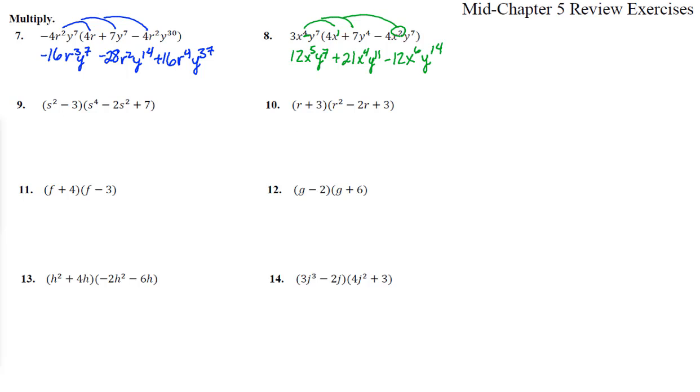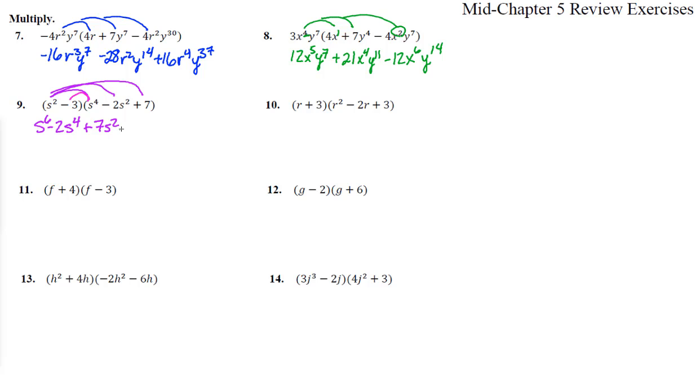Good. Number 9. Now we're going to super distribute. We'll take the s squared, go there, it's s to the 6th, and then we'll do minus 2s to the 4th, and then all the way there, and it is plus 7s squared. Let's use a slightly different color and jump that negative 3, and negative 3 goes right there.